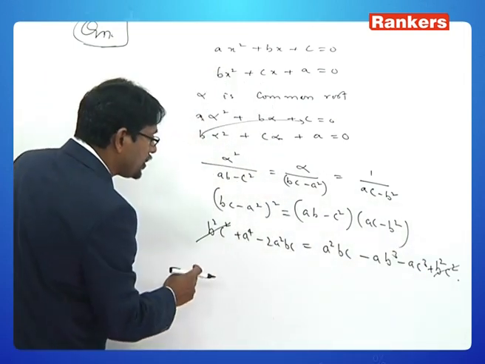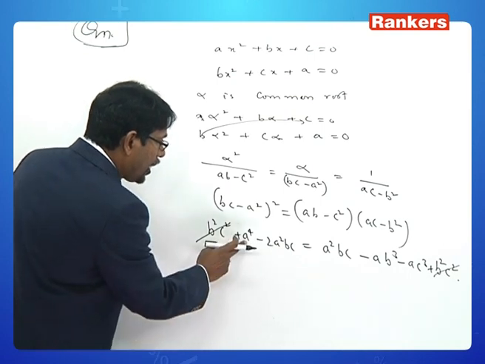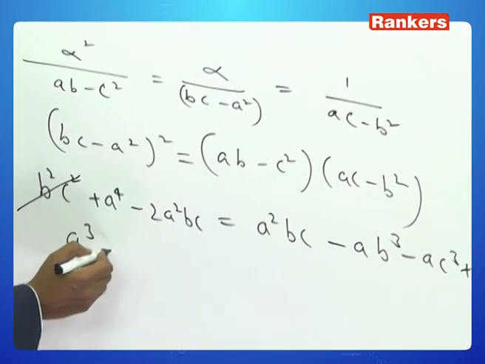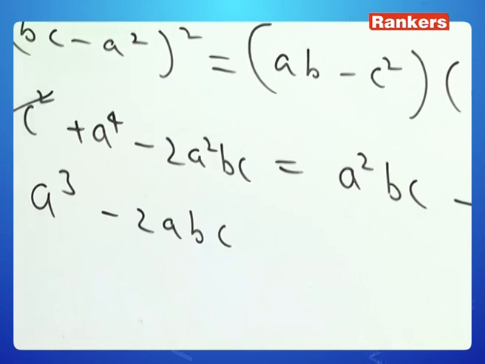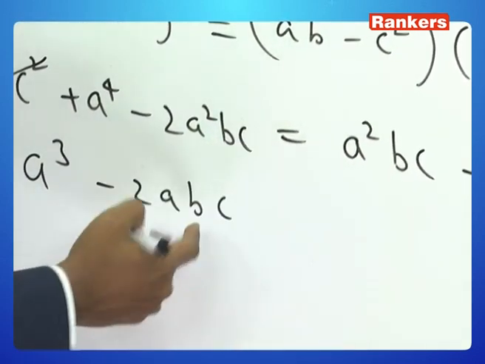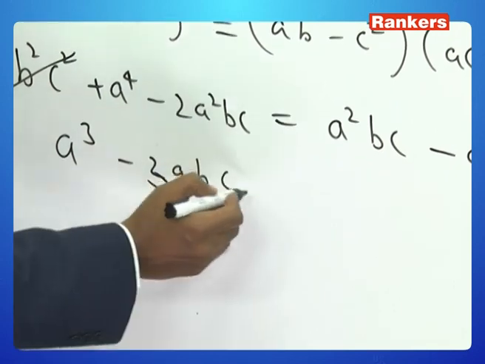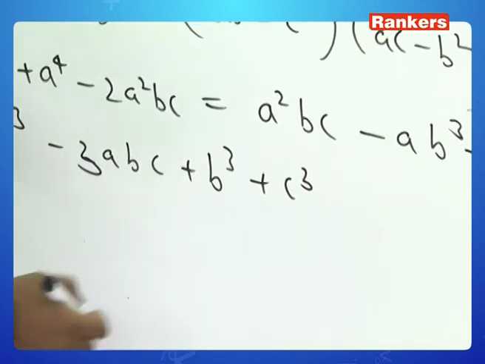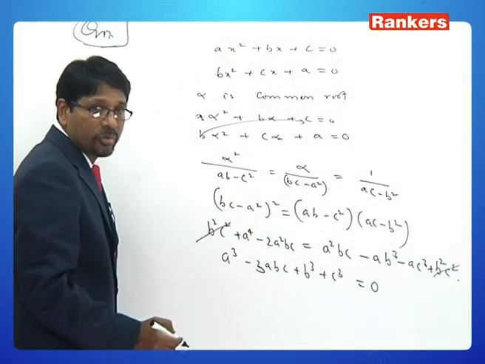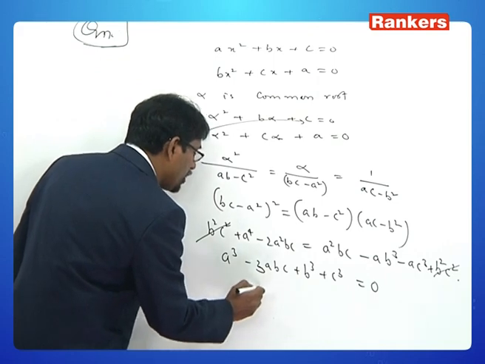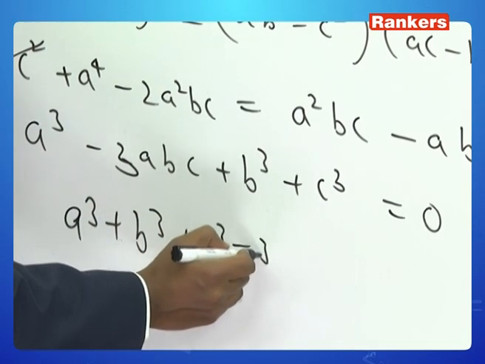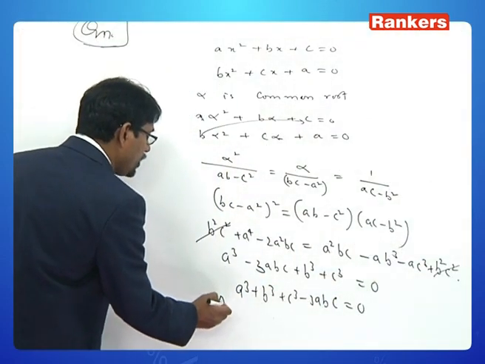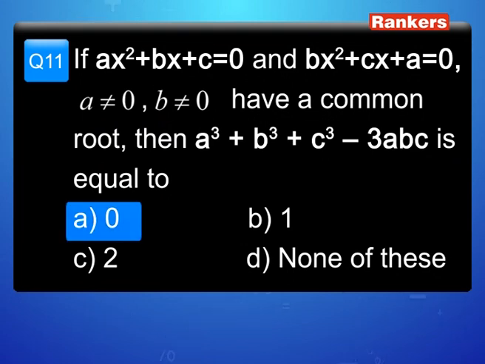We have a common in entire on both sides here, a cube minus 2abc, and here another abc will make it minus 3abc. If you pull both the terms this side, you get b cube plus c cube, and that is equal to 0. So we get a cube plus b cube plus c cube minus 3abc equals 0. So the answer for this is A.